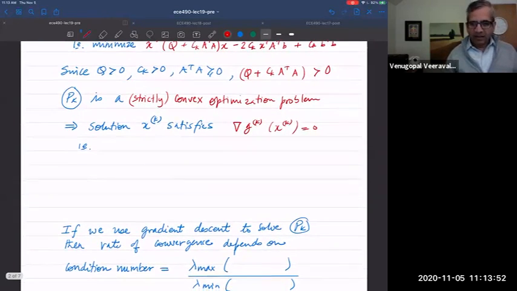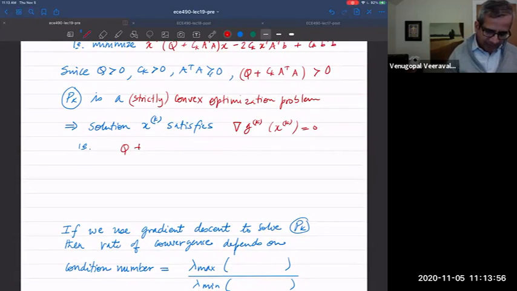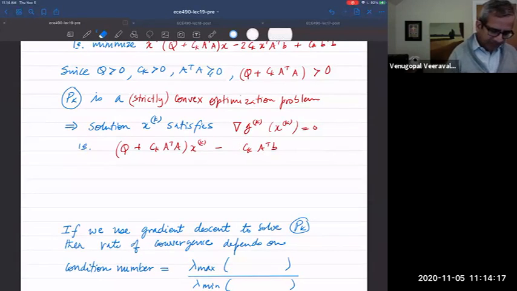If you set the gradient equal to 0, you get Q plus CK A transpose A times x, minus CK A transpose B, equal to 0. The 2 goes away because I got rid of it from the first term.